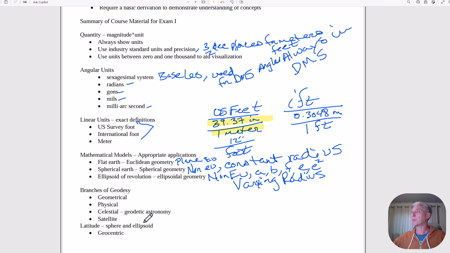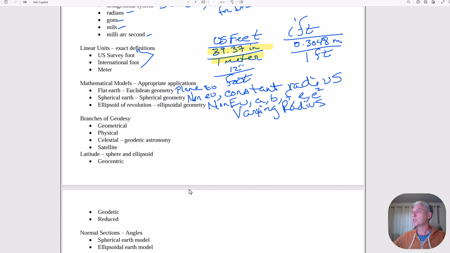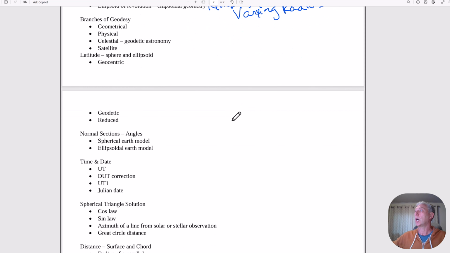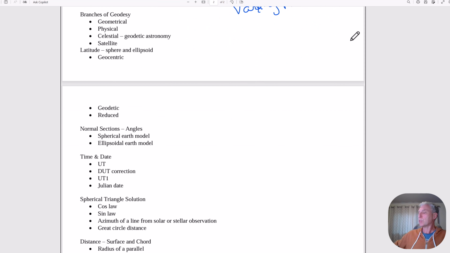Also in the beginning of the term, we talked about the different branches of geodesy: geometrical, physical, celestial, satellite. And we've also gone over several different latitudes. There's geocentric and geodetic and reduced. And those are not the only latitudes there are. There are lots of different kinds of latitudes.